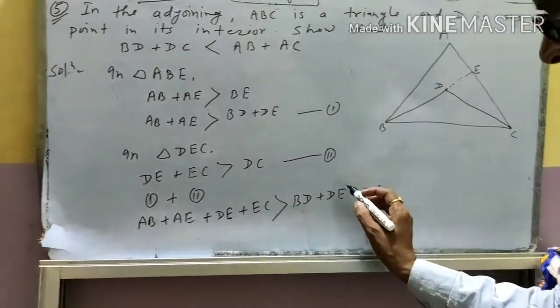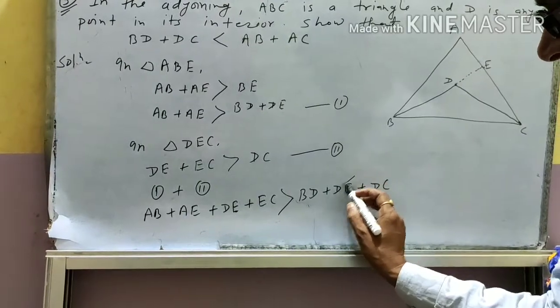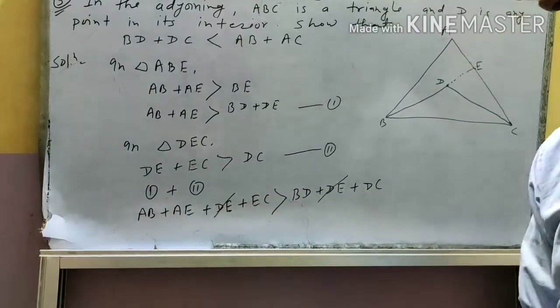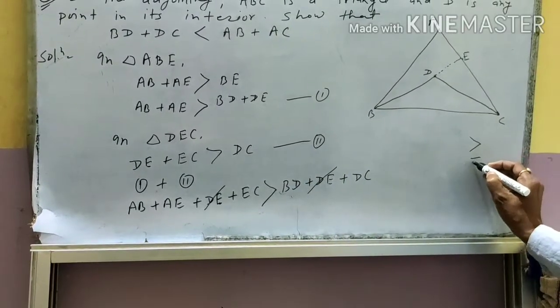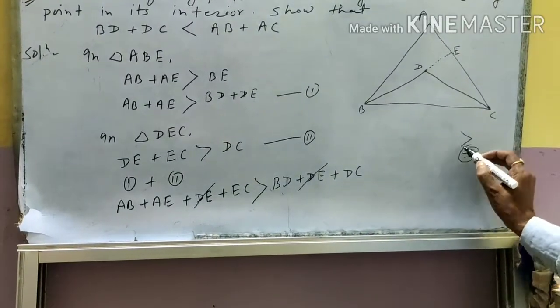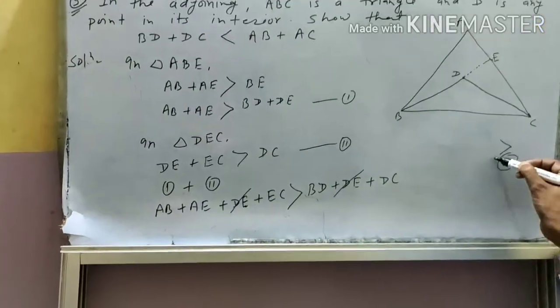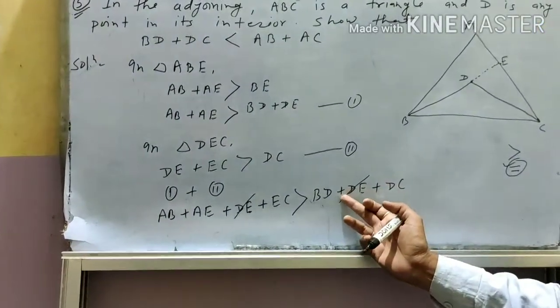Okay student, so DE and DE is cut down. Why is it cut down? Because greater than is just like an equation, treated as equal to.